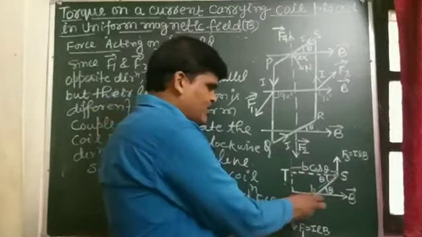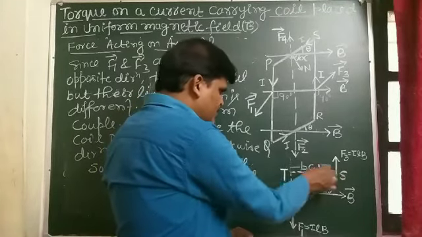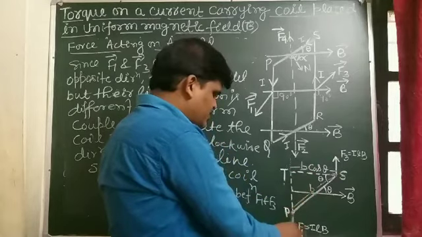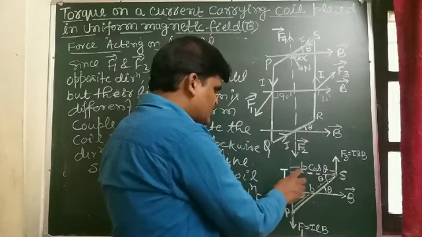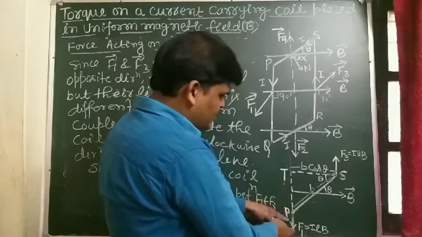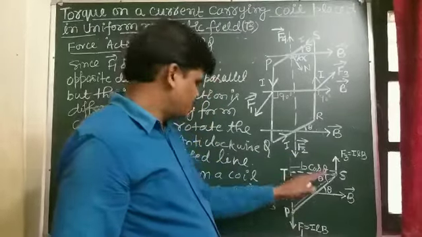So base by hypotenuse, and hypotenuse is B. So this base comes out to be B cos theta. So perpendicular distance between F1 and F3 from this diagram is B cos theta.